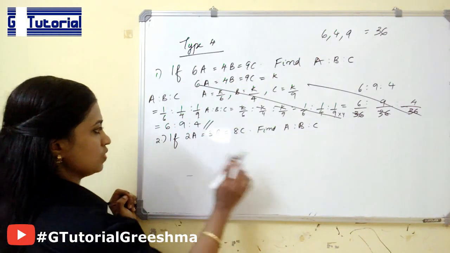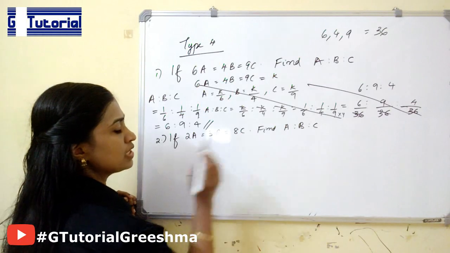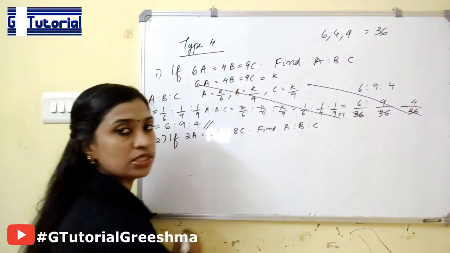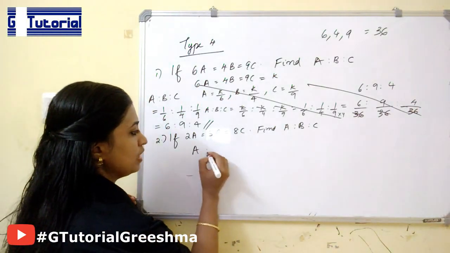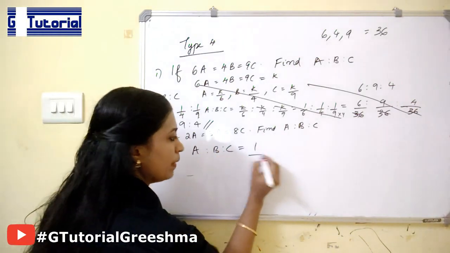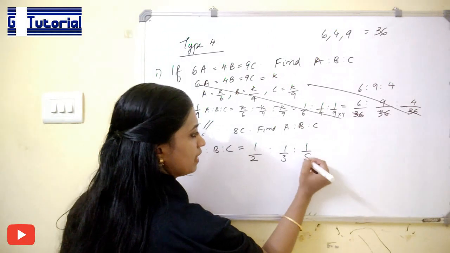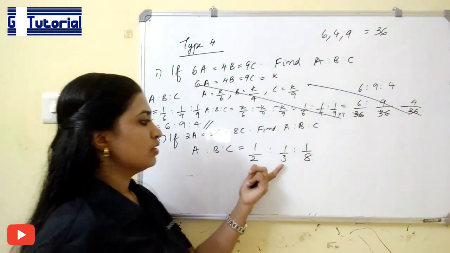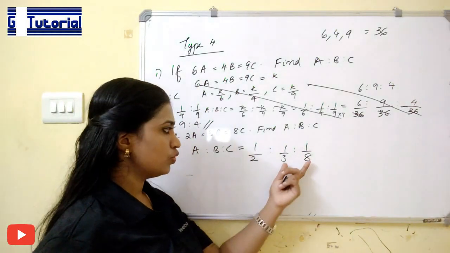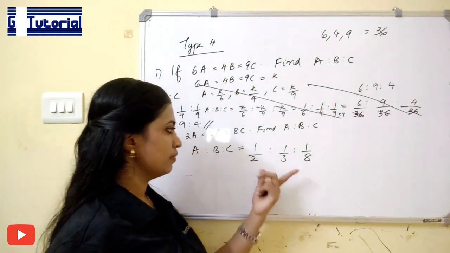Now we can do the next question. If 2a is equal to 3b is equal to 8c, find a is to b is to c. A is to b is to c is just 1 by 2 is to 1 by 3 is to 1 by 8. The LCM of 8, 3 and 2 is 24.